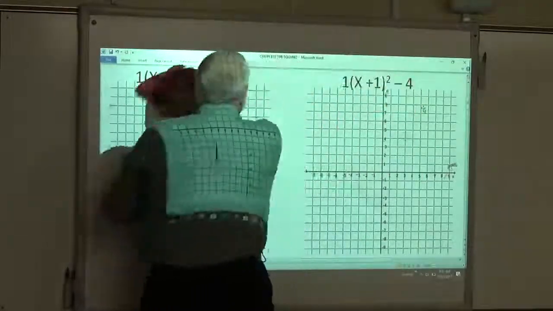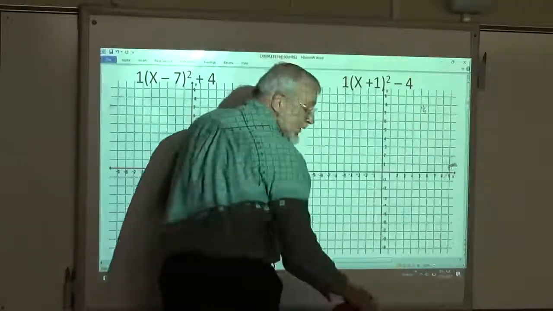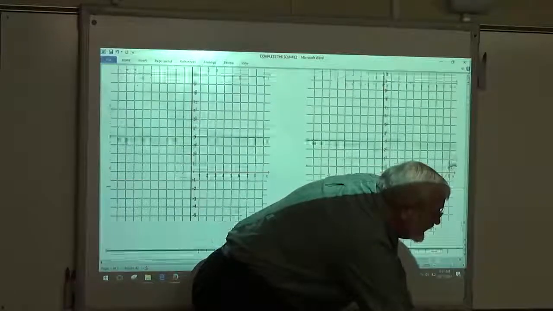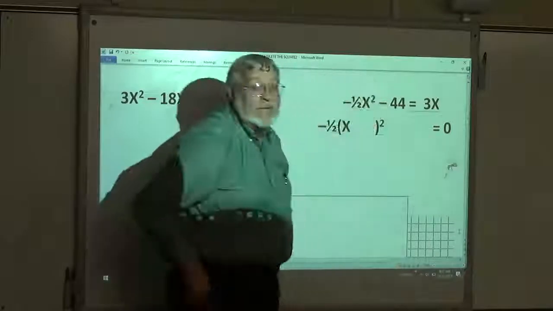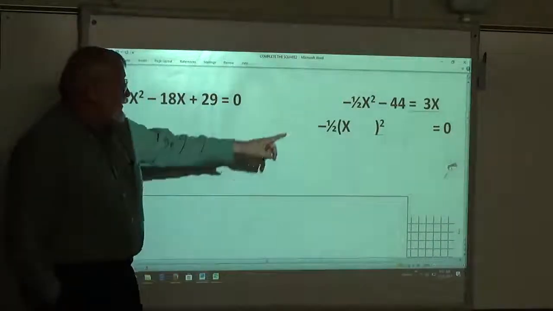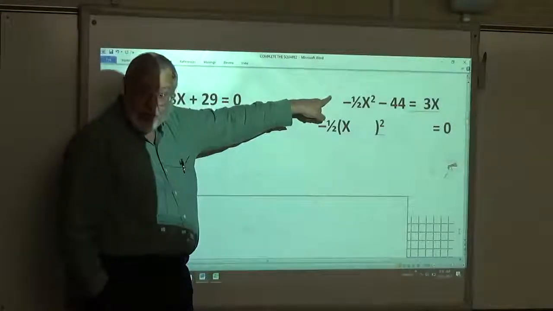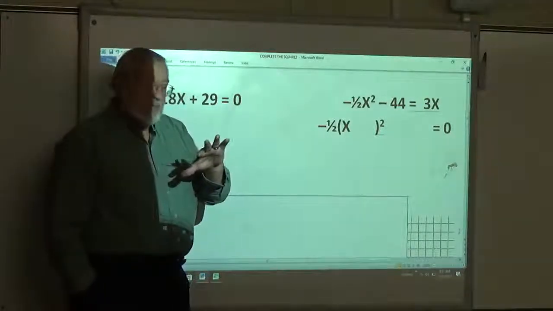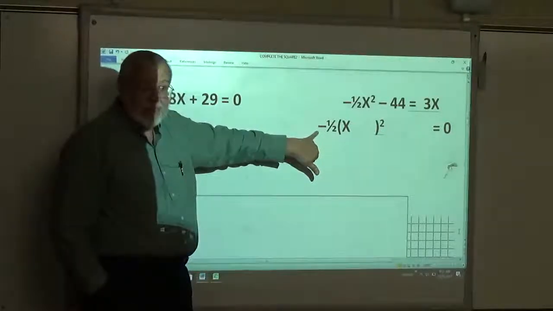The hardest completing the square occurs when it's not 1. All right, now, I need you to pay attention. I'm going to start over here. This is by far the most difficult because every modification is in this particular problem.